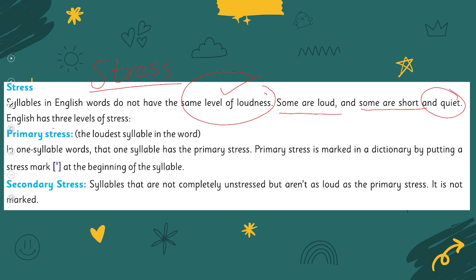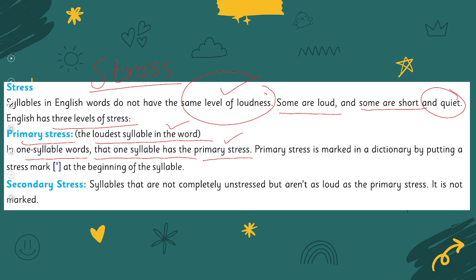English has 3 levels of stress. First, we have primary stress, on the loudest syllable in the word. Primary stress is given to the syllable and we say it in a very loud way. In one-syllable words, that one syllable has the primary stress.